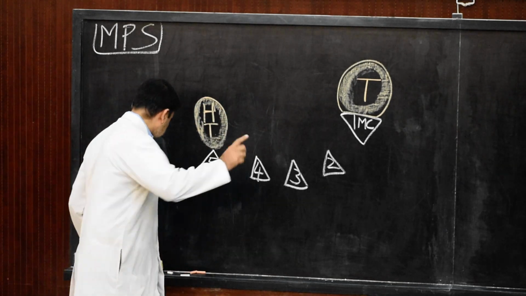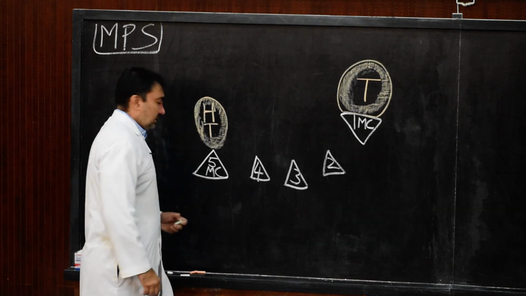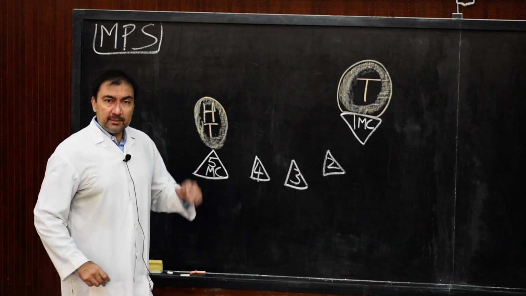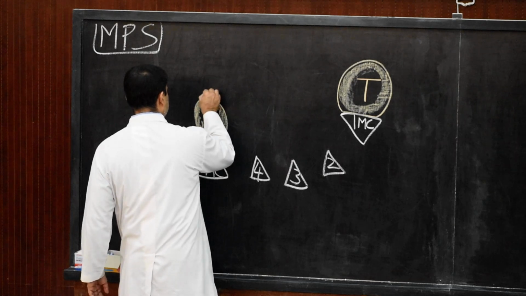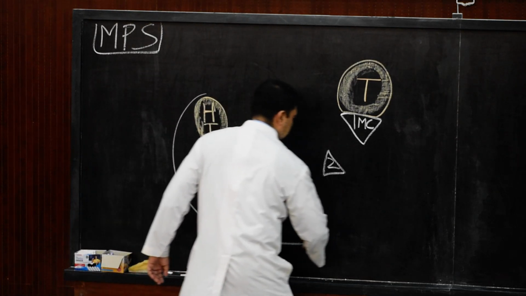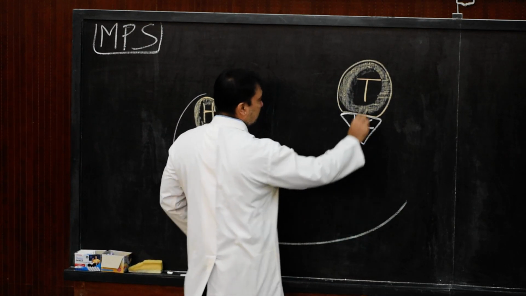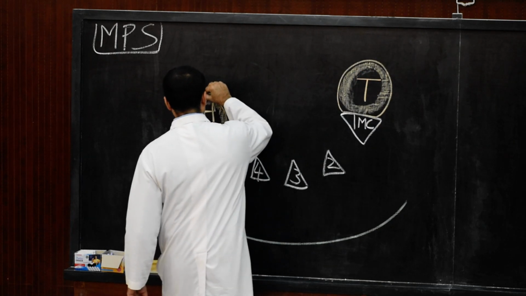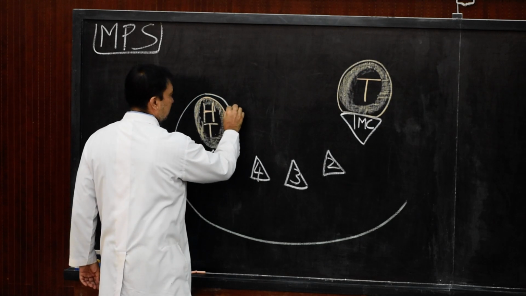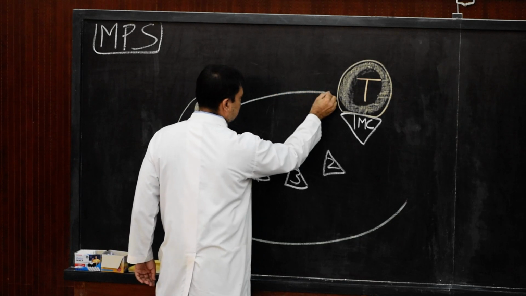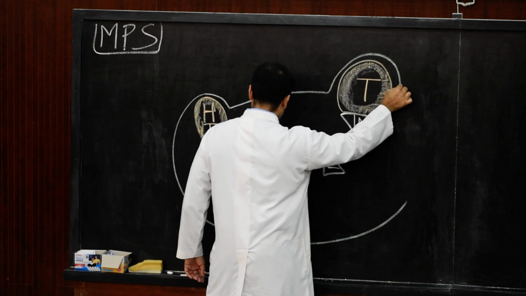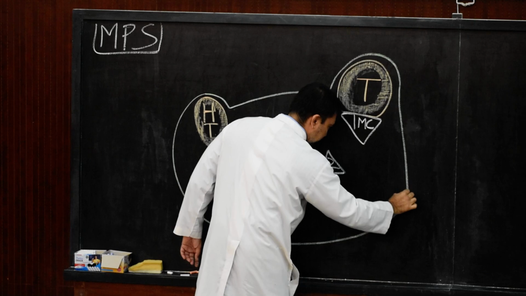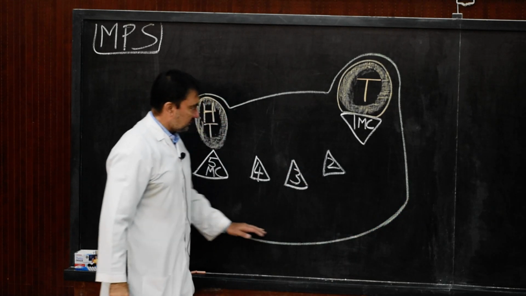Now covering this entire thenar and hypothenar group of muscles, we will draw the fascia on the dorsum. This is extending across the dorsum, and here this fascia will fuse with the palmar aponeurosis which I am drawing. This is the dorsum.